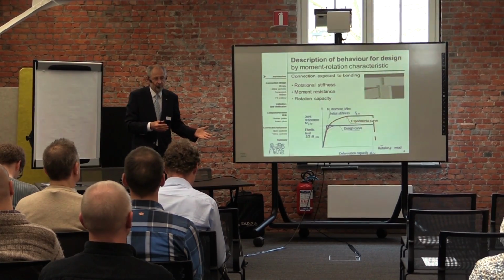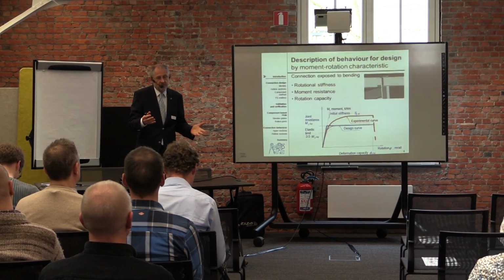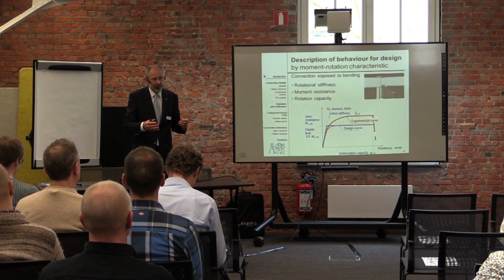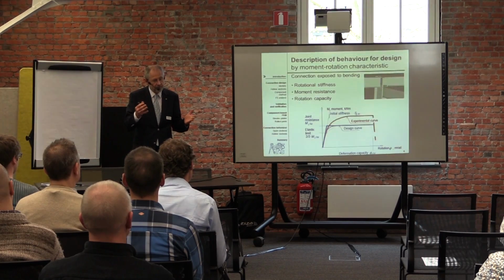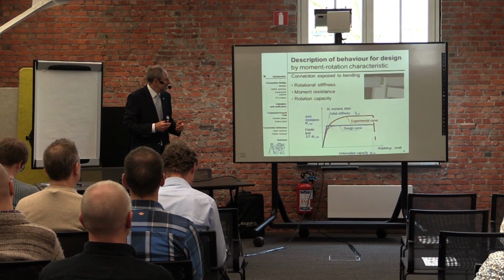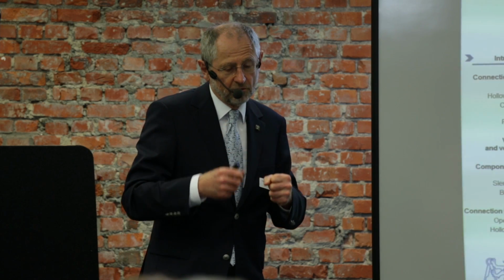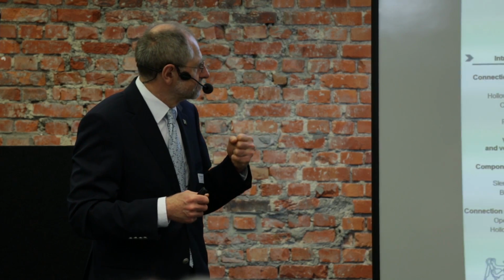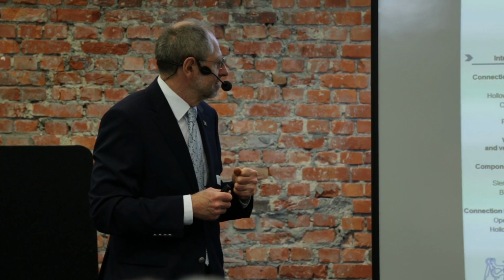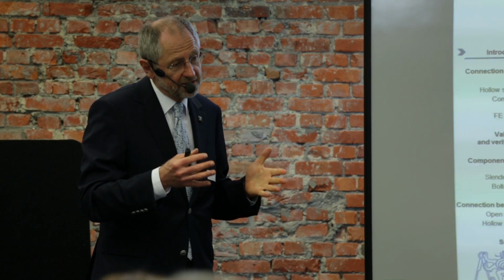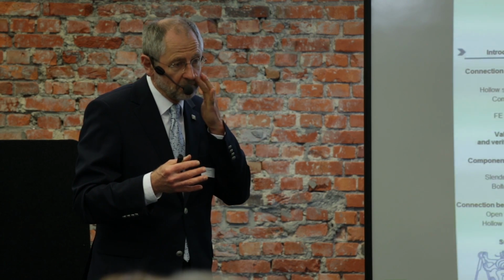If we have a column base, basically it's rigid, but it may not be rigid, and we engineers are playing a game to make it simpler and to be able to design it. So the connections from this bending point of view are designed for bending moment. And so this is the traditional design for bending moment.